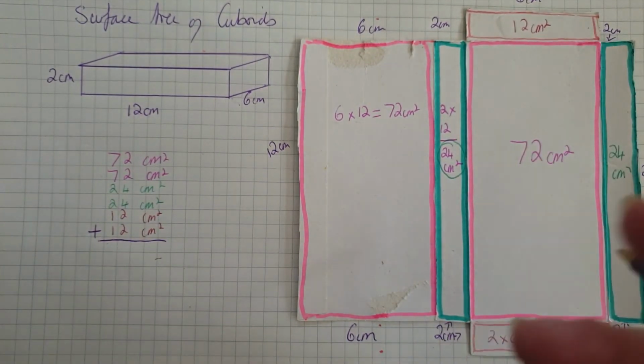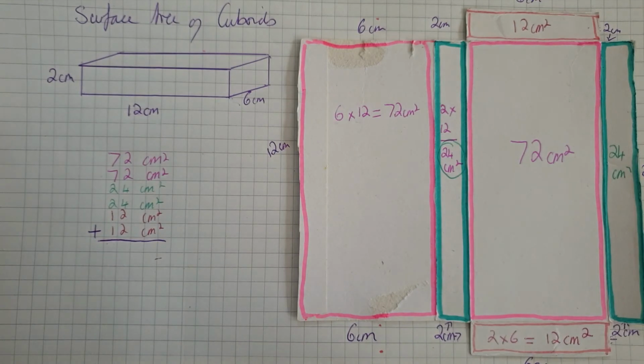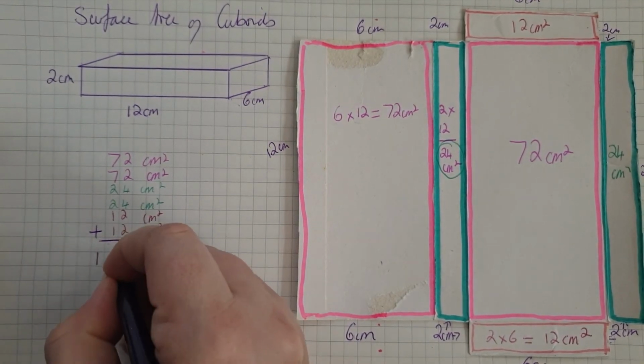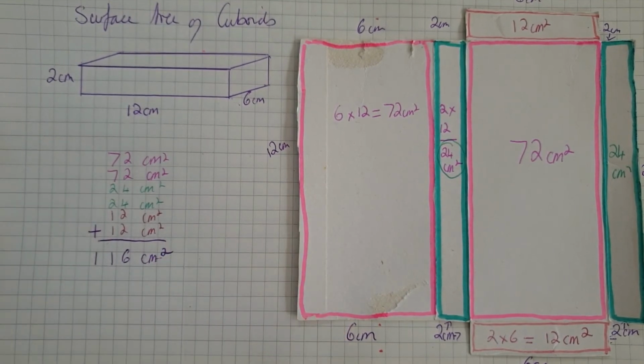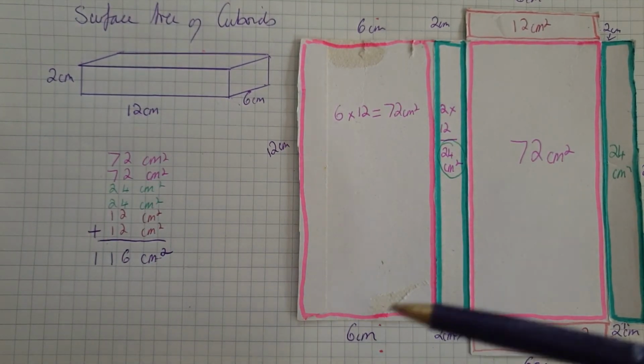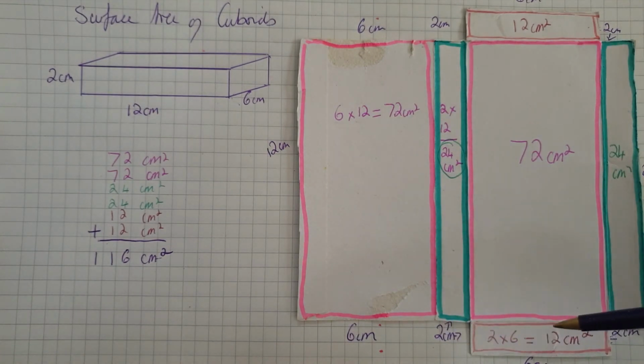So for the cuboid, I've got the 6 faces. Add that all up, pause the video, add that all up and see what I've got on mine and see what you've got on yours. Okay, you should come out with 116 centimetres squared. Okay, now this is the surface area of this cuboid.